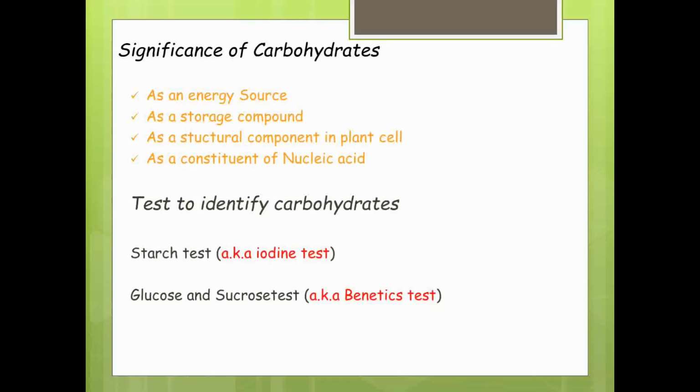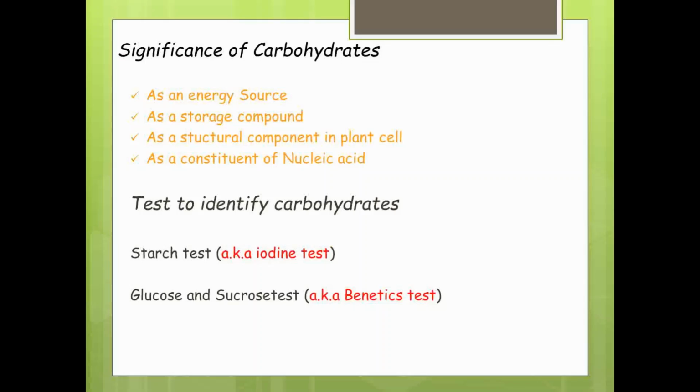So we can see the tests to identify carbohydrates. Okay, let's see how starch is tested. We need to take a small amount of food and grind it well with water.